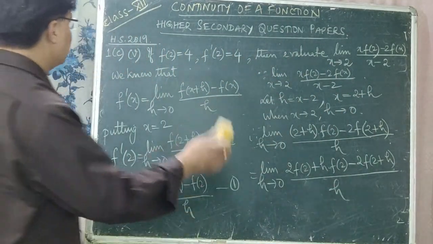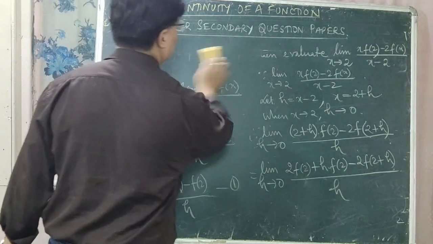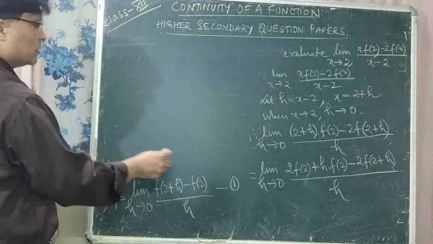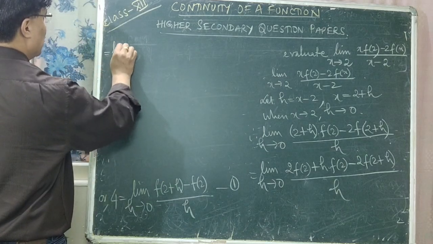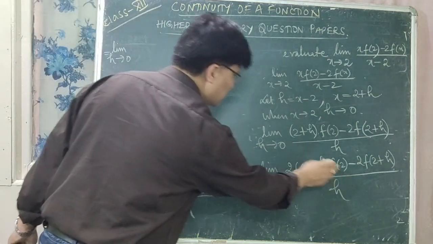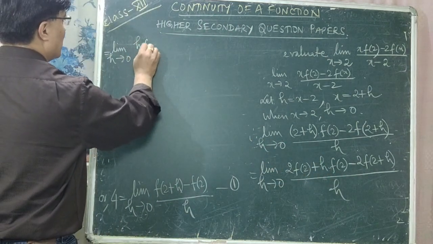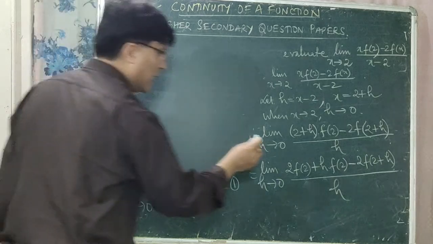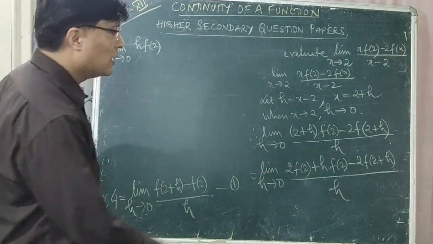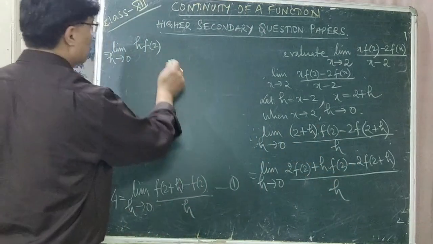Now, what will you do in the next step? You have to simplify it, which is equal to limit h tends to 0. Let us write down this first, h f of 2, and from the first and third term, 2 is common, isn't it? So let us take minus 2 common here.